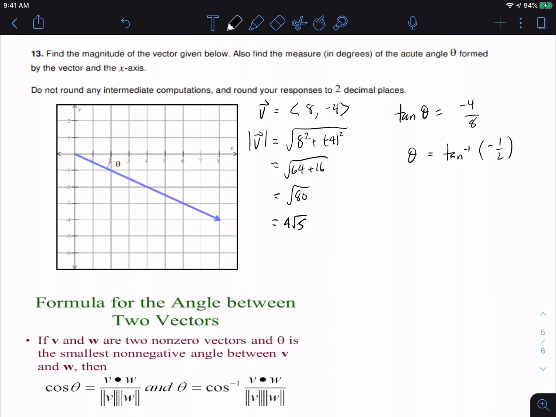And that gives me an angle of negative 26.57 degrees. Correct? And this one is going to be a negative, and the reason it's negative is because we are going below the x-axis counterclockwise. We okay?